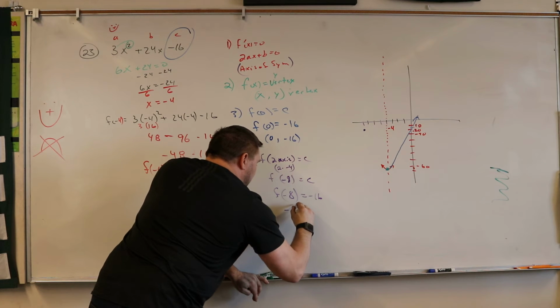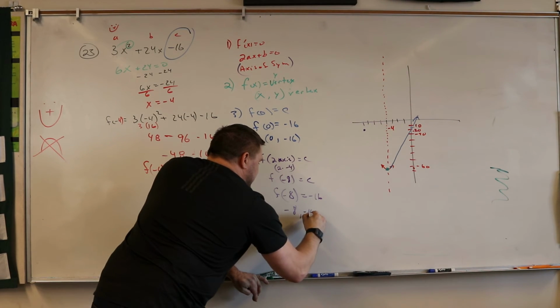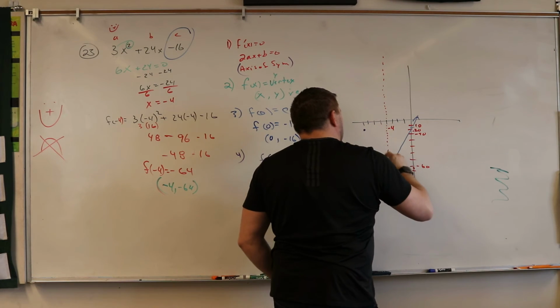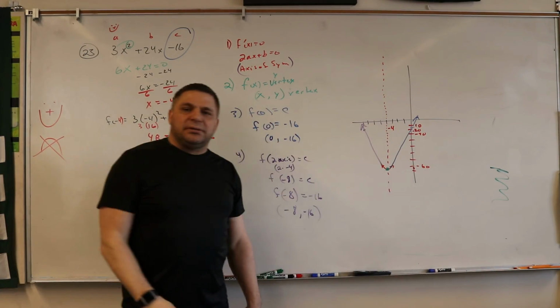So we should have a point at negative 8, negative 16. And that should be our other point.